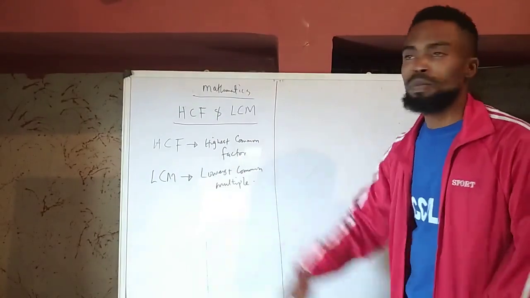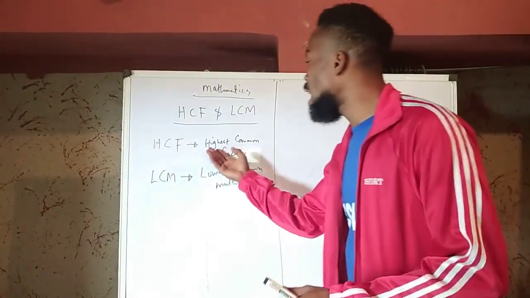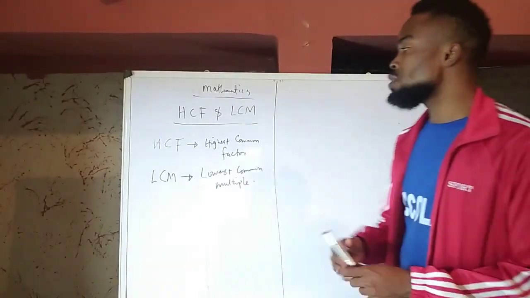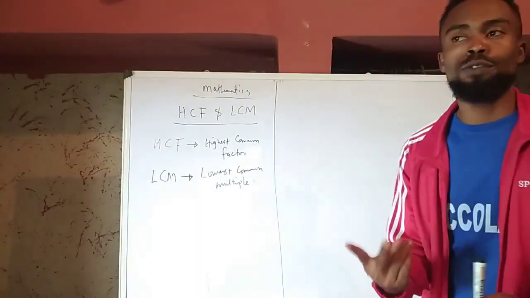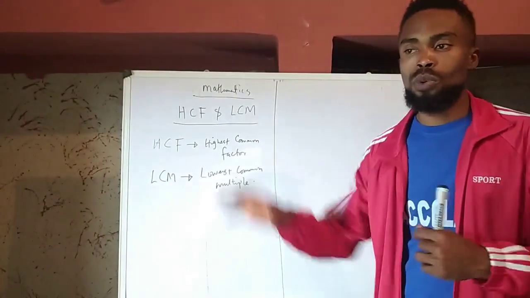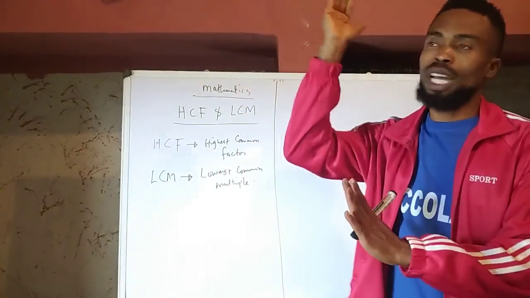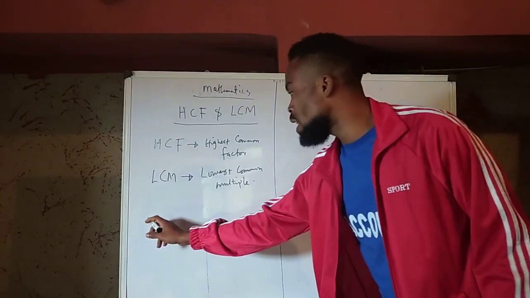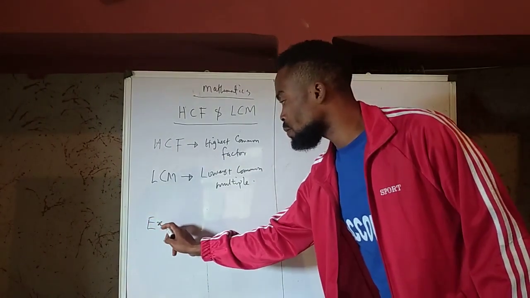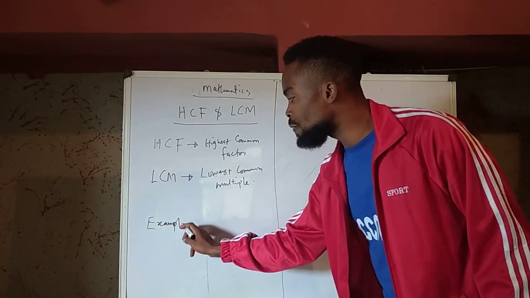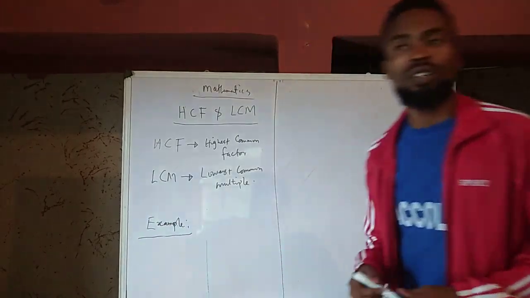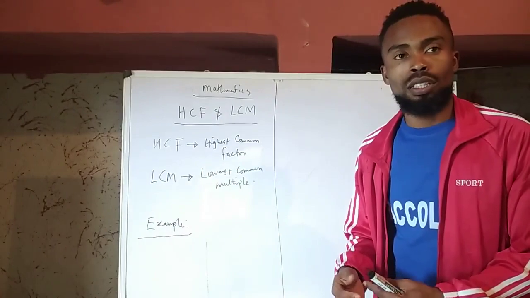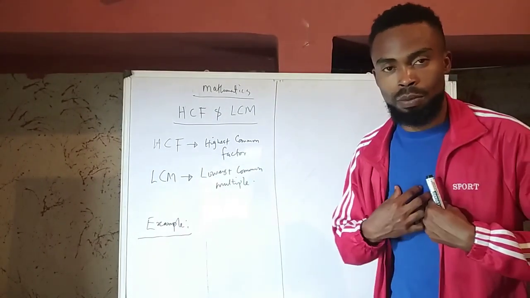That's the meaning of those two. Now, when we say highest common factor, we are saying that for us to have a highest common factor, we need to have two or more numbers so that we can look at a factor that is common to them. We already know what factors are. Factors are numbers that when you multiply with another number, they will give you a particular number.